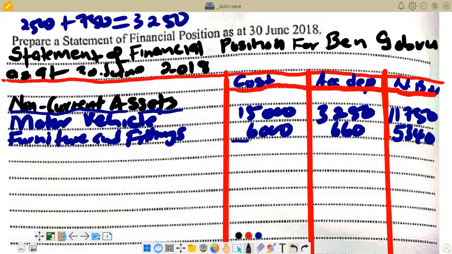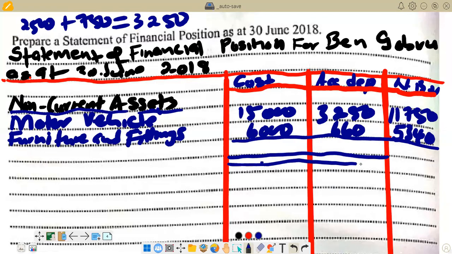Then you can put your lines here to get the totals. And then this line is not going to go to the column for net book value. Why? Because this figure is going to be used down there to calculate the figure for total sales. But these ones are just disclosed, and we don't include them in the calculation beneath. So we can just close here.